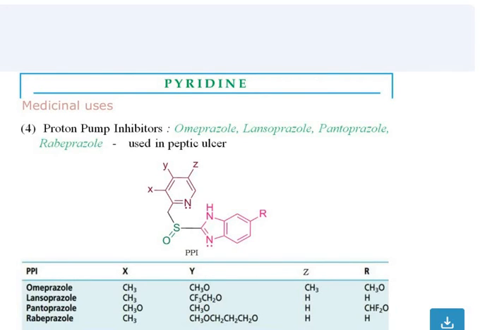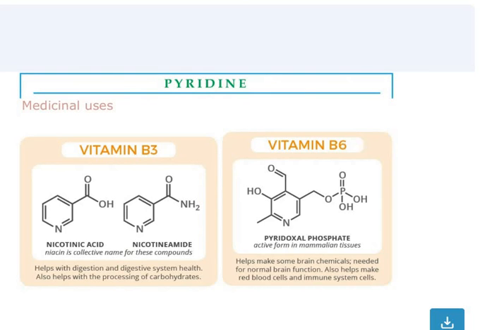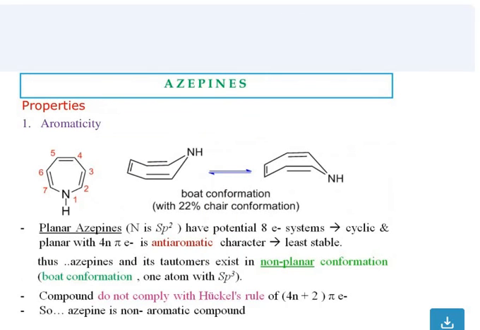You can also see the proton pump inhibitors omeprazole, lansoprazole, pantoprazole, rabeprazole, used in peptic ulcer. You can also see vitamin B3 and vitamin B6 contain this moiety.